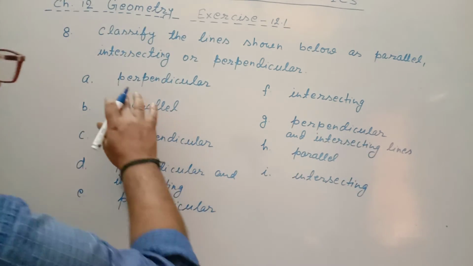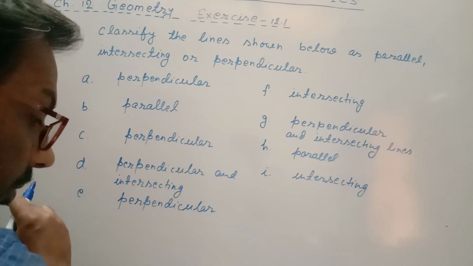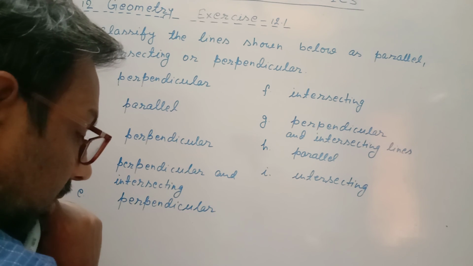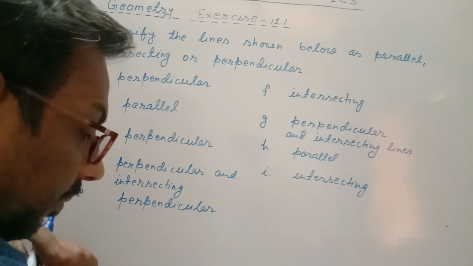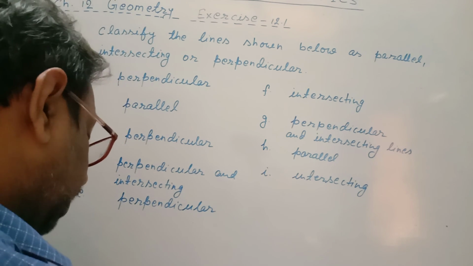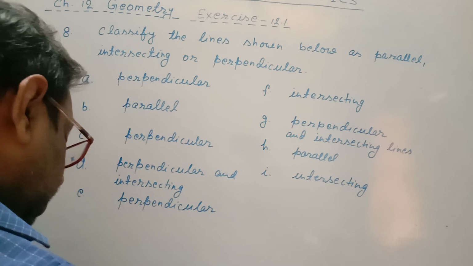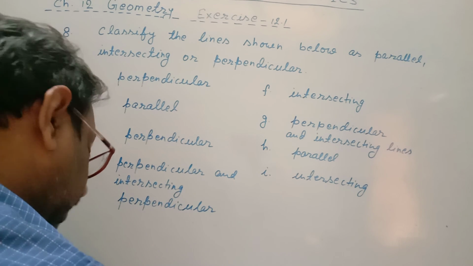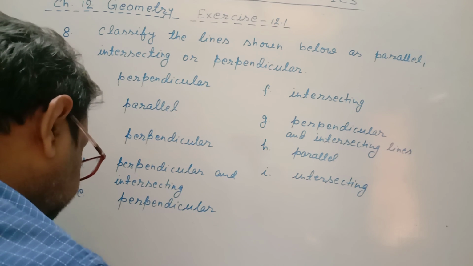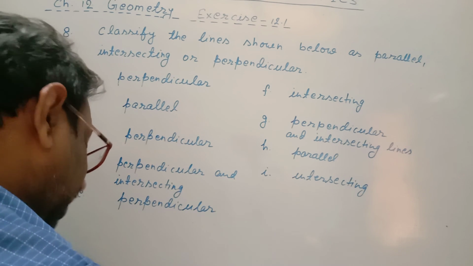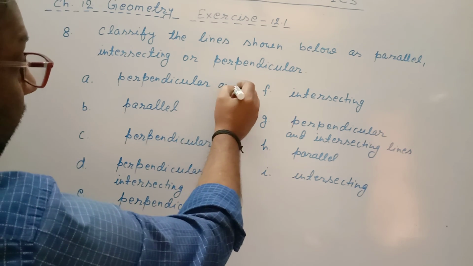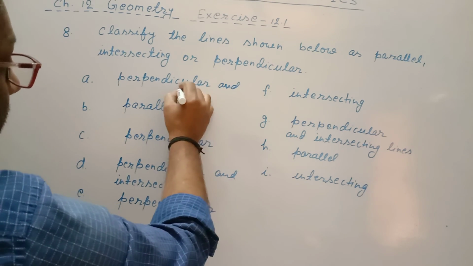Similarly, in question number A also, we can write perpendicular lines, but 90 degree is not made. That is a little confusing. So let us check that, 12.1 question number A. Perpendicular and intersecting. This is both perpendicular and intersecting.